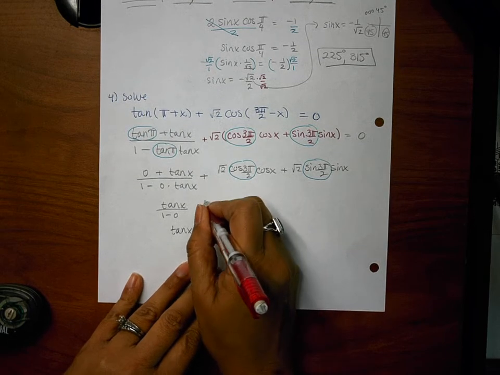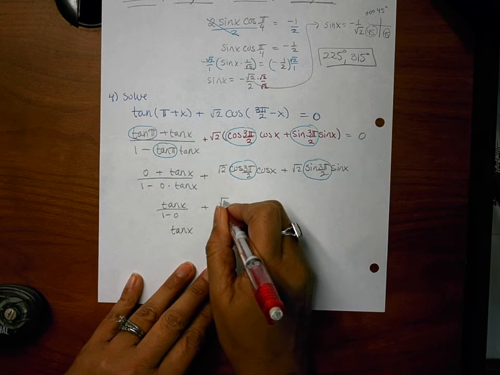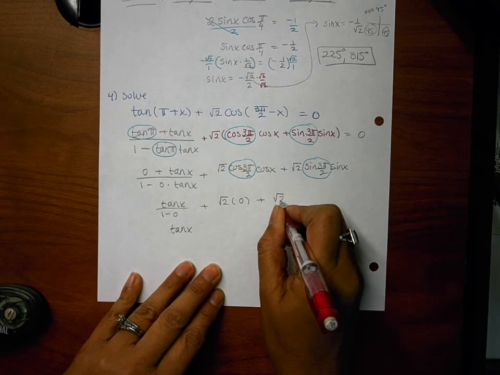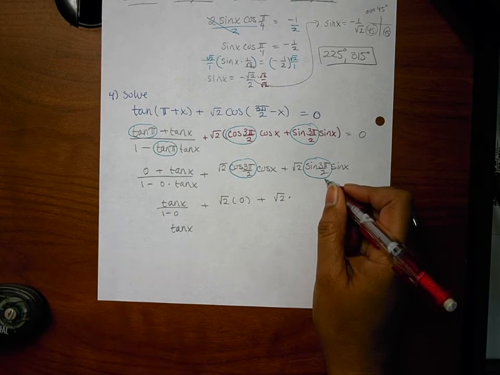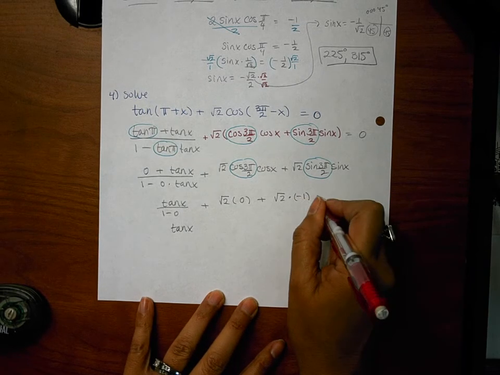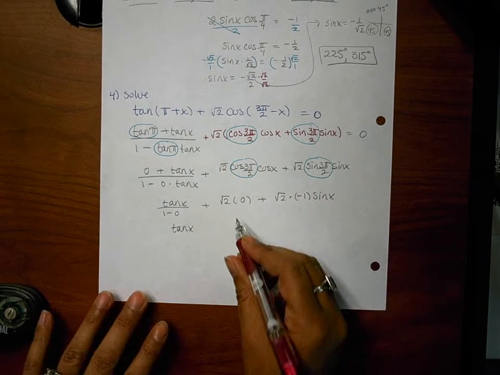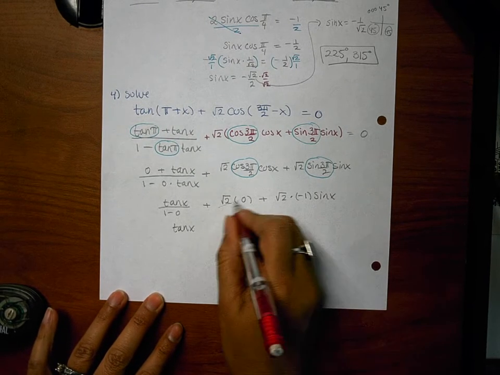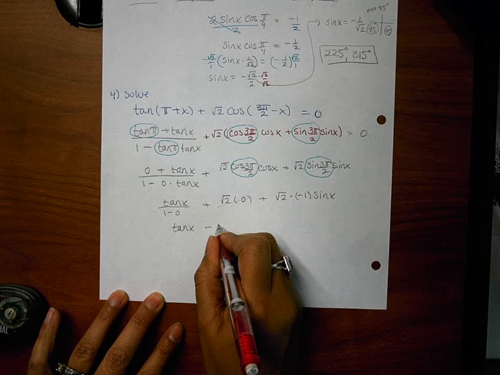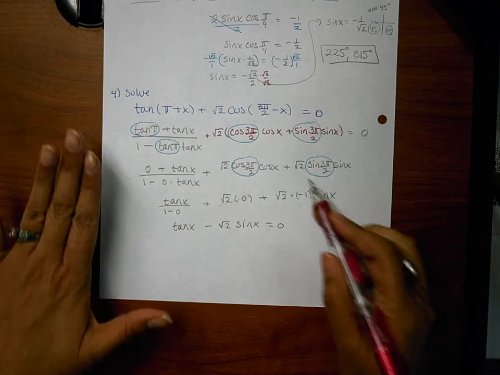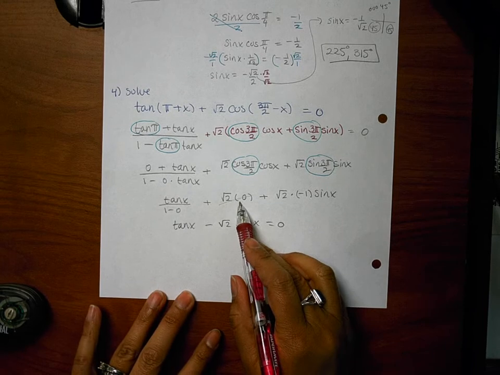Cosine of 270 is 0. So I have plus root 2 times 0 plus root 2 times sine of 3 pi over 2 is negative 1 sine x. Okay, so then I have plus 0, that's just gone, minus root 2 sine x.